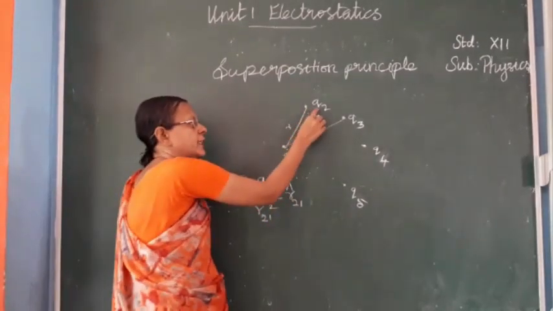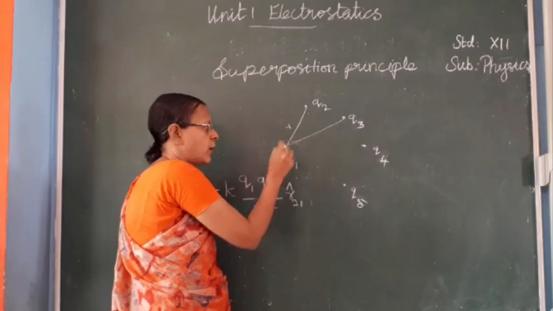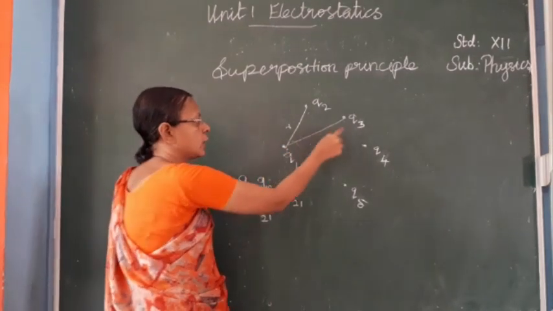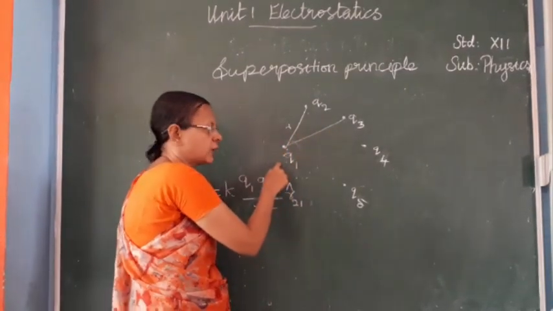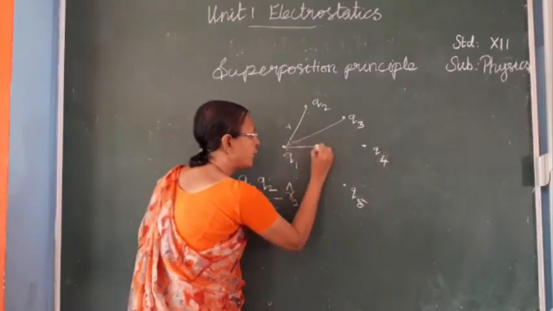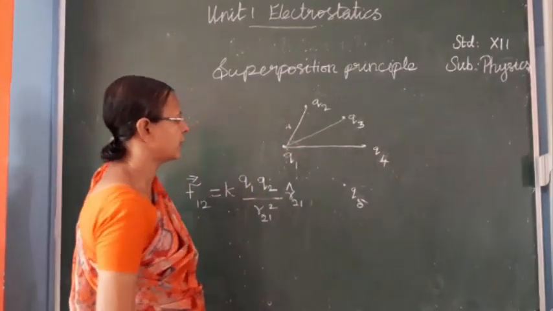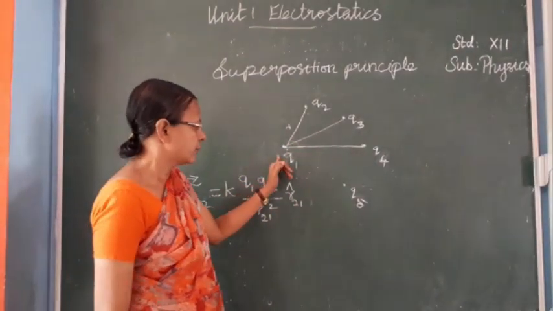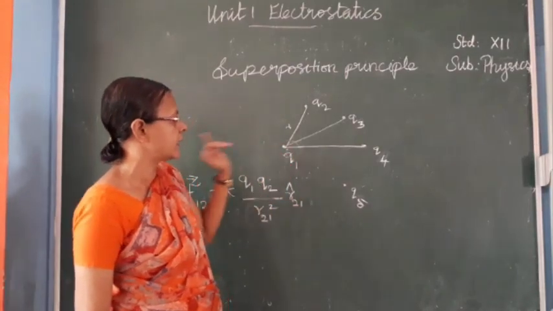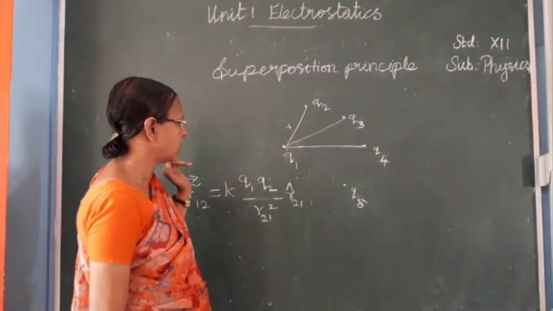So Q2 is exerting a force upon Q1. Then Q3 is exerting a force upon Q1. Q4 is exerting a force upon Q1. So Q5 is also exerting a force upon Q1.